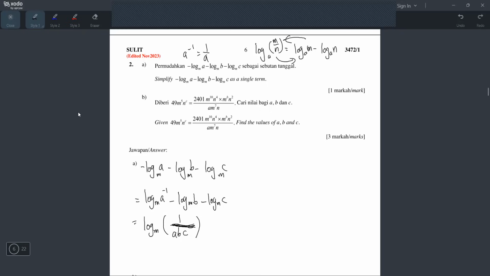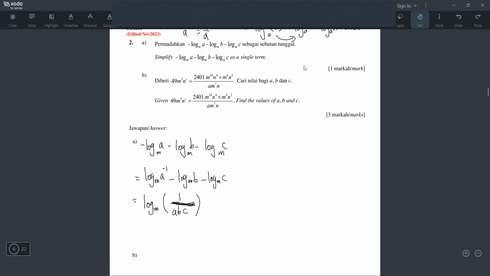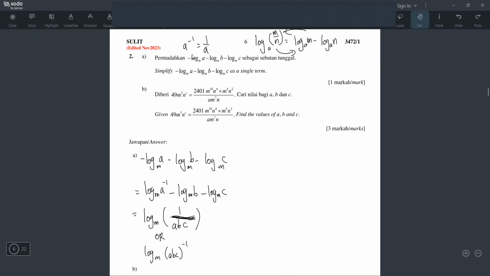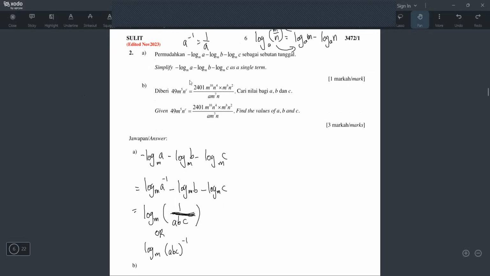If you stop here, you will get 1 mark already. But there's another way to write this: log m, and do you remember 1 over ABC is actually ABC power what? -1, because just now I told you a power -1 is 1 over a. So 1 over ABC is ABC power -1.